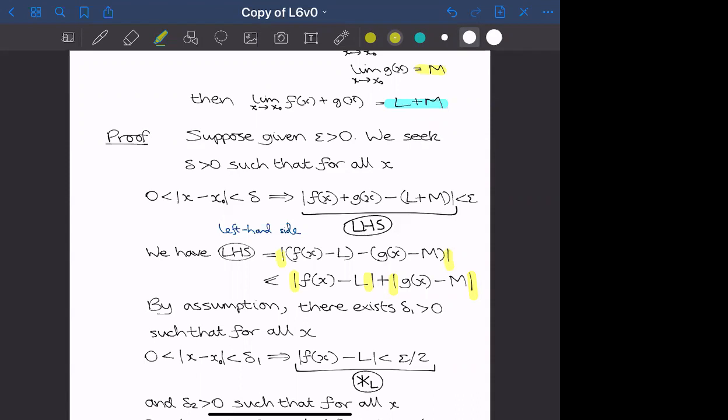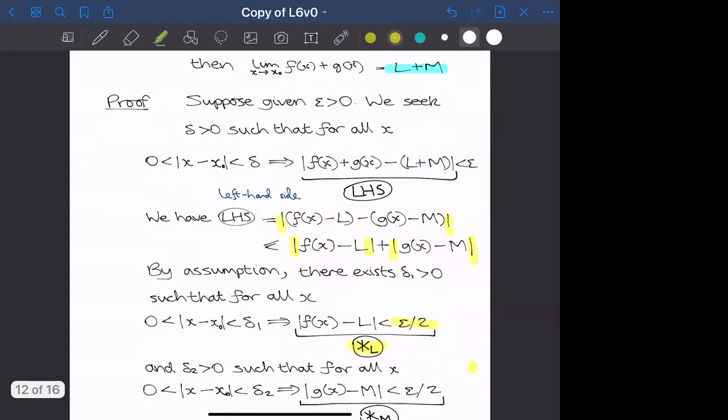There exists delta 1 greater than 0, such that for all x, if the distance of x from x0 is less than delta 1 but greater than 0, then this thing, star L. So this is like the stars we saw before, with one difference, that we take epsilon over 2. We'll see why we need that in a moment.